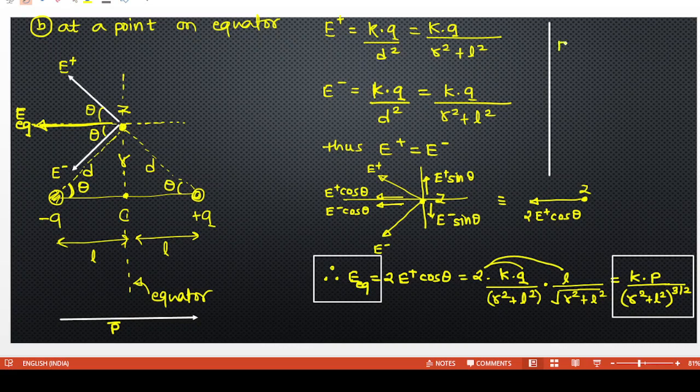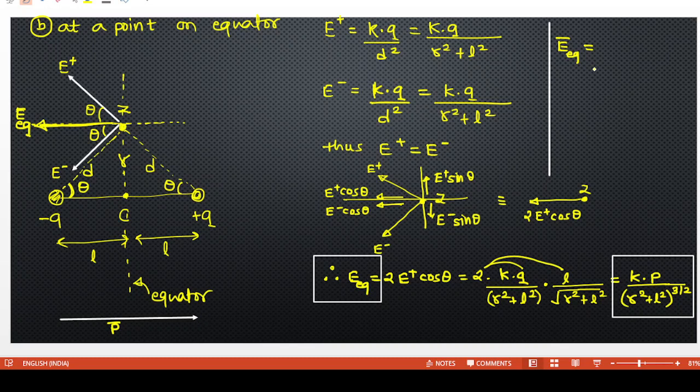And finally, you can write this in the vector form also. You can check the direction of electric field at a point on the equator is opposite to the dipole moment. Dipole moment is from negative to positive, but field at the equator is from positive to negative. Check its arrow and the arrow of the dipole moment.